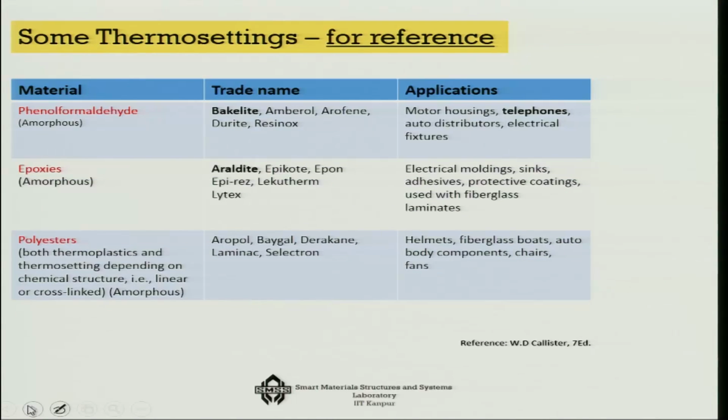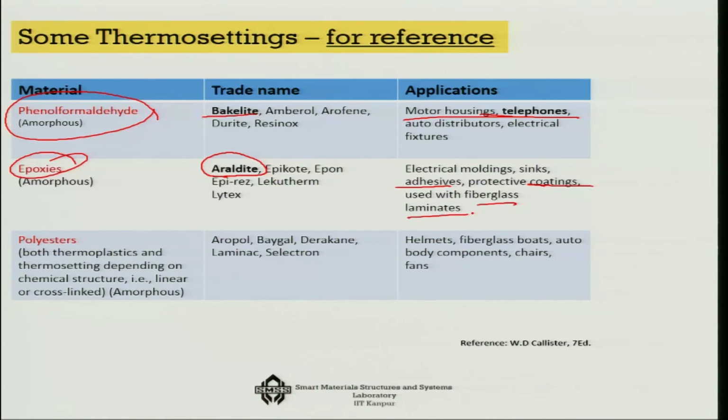Now, there are the thermosettings, and there are three important thermosettings. One is the amorphous one, phenol formaldehyde. The trade name is bakelite. It is used in telephones, motor housings, etc. Then the epoxies, which are also amorphous. The popular trade name is araldite, which is used in adhesives, protective coatings, fiberglass laminates.